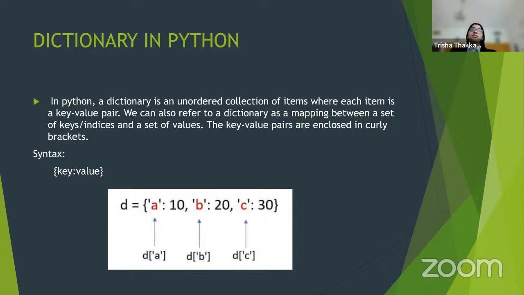The syntax for this would be curly brackets, key: value. In this given example, the first element of the dictionary is A: 10. The second element is B: 20, and the third element is C: 30.